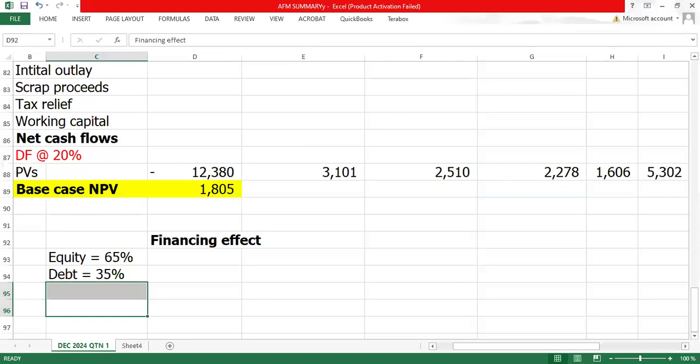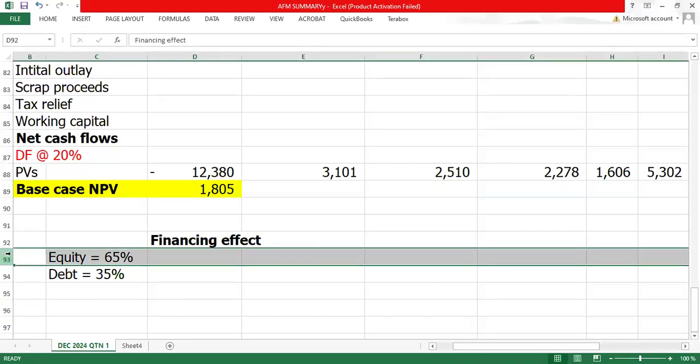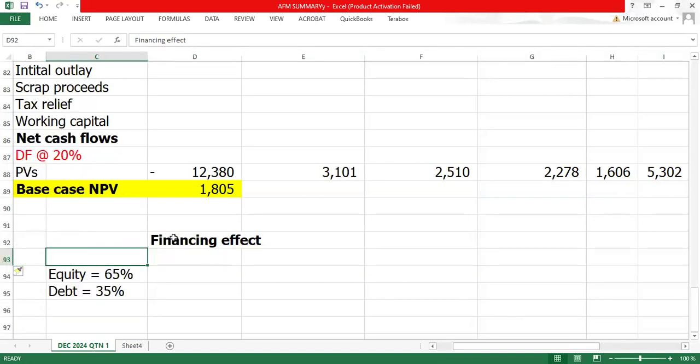Now, as we proceed, first of all, how much do you want to invest? What is the cost of financing? How much will you spend on this proposed investment? We saw the proposed amount.